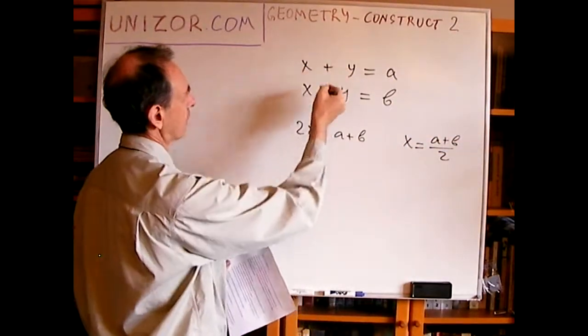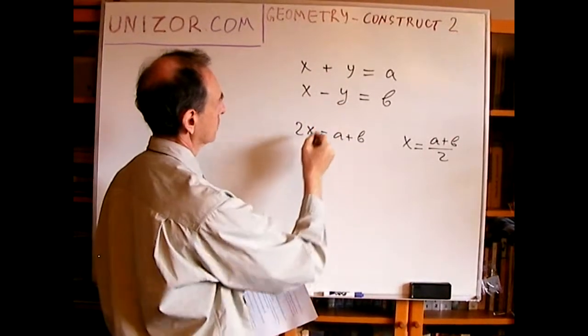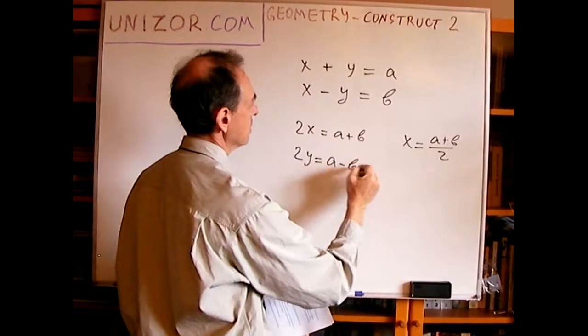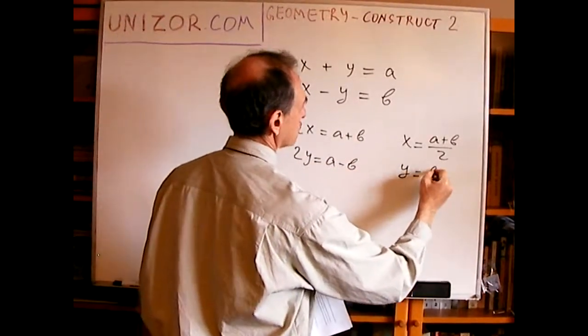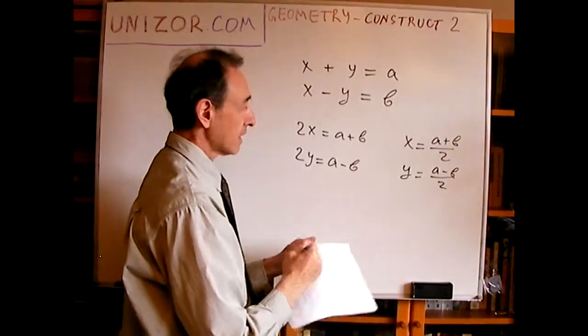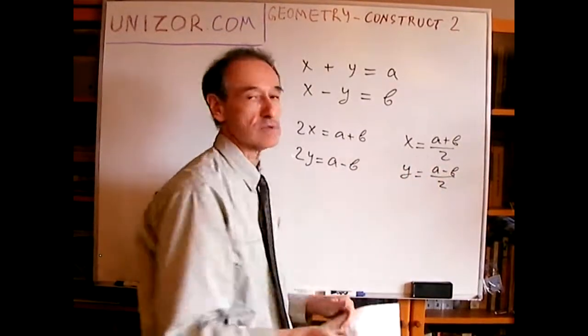And if you subtract top minus bottom, you would have 2y equals a minus b, from which y is equal to (a minus b) divided by 2. So, given a and b, you have to construct x and y using these formulas.